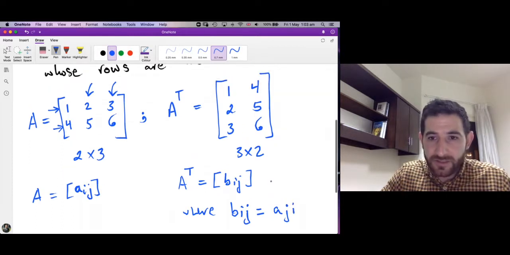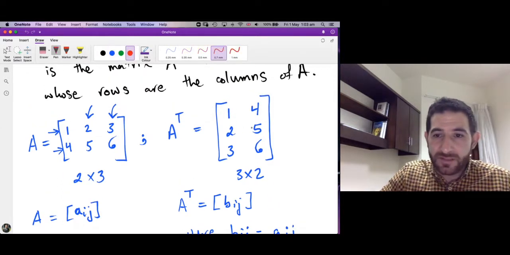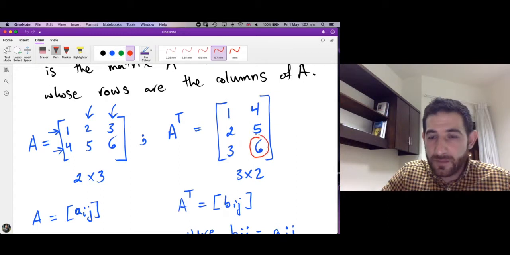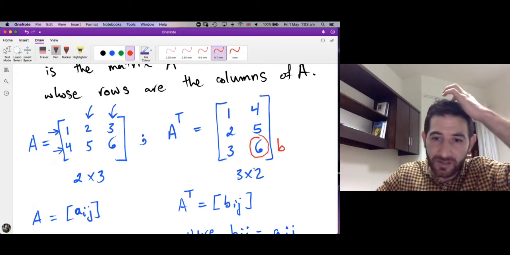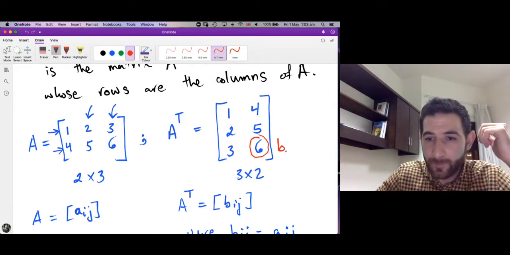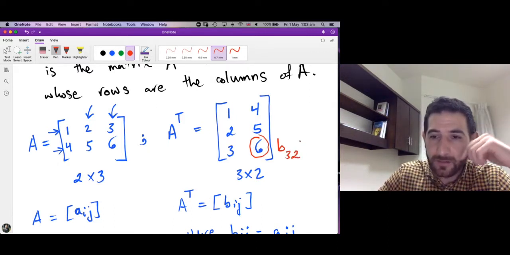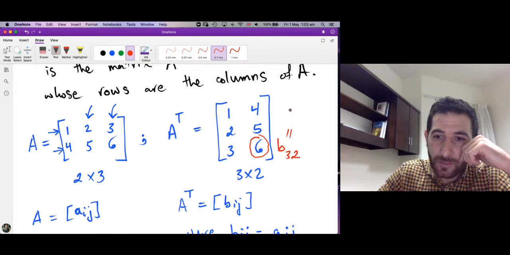So for example, what is this entry? The entries of A transpose are denoted by Bij. So this is B32.